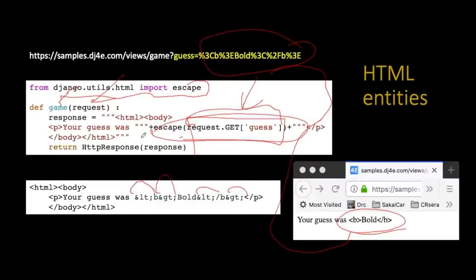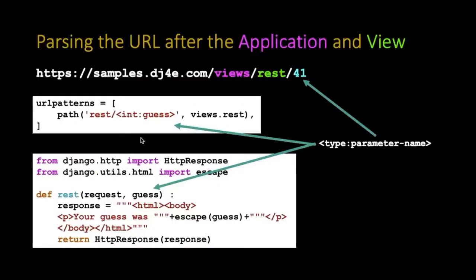And the key thing is the request GET guess, that came from the user. And so we think the user's going to be nice, but a user with bad intent can send data that they carefully construct to cause them maximum trouble. But if you just escape your data before you concatenate it, there's nothing they can do about it.